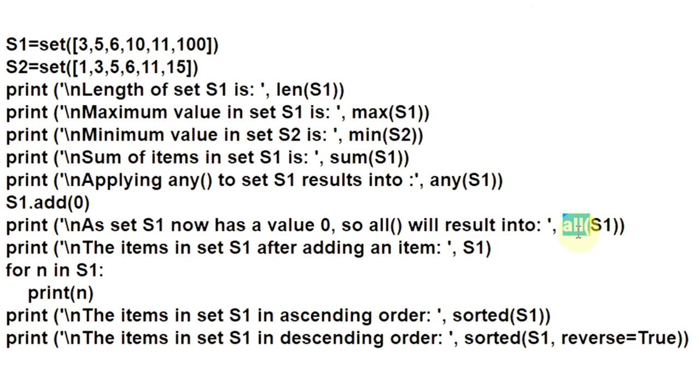Even if the set contains a single boolean value false, that is 0, it will get you false. So the all method wants all the elements of a set to be true, non-zero. Even a single value of 0 will make the all method return a boolean value false. After adding 0, you will get all the elements of set S1 with 0 added.